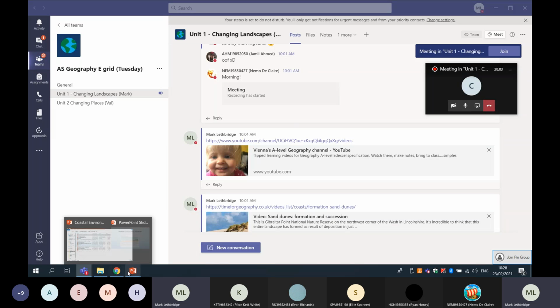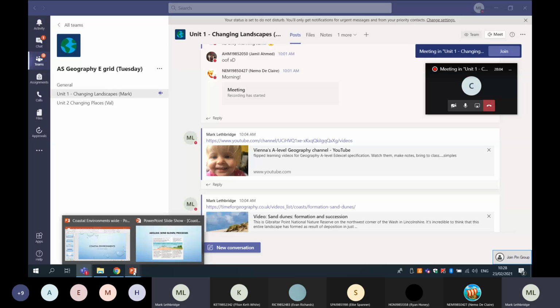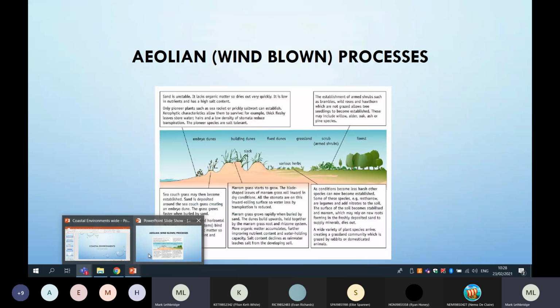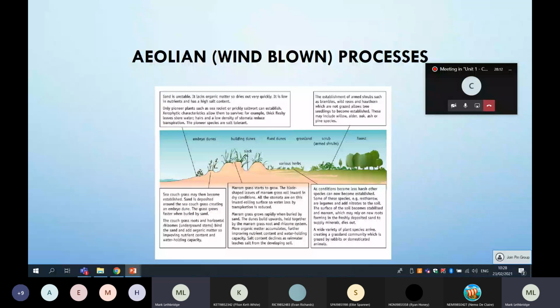If not, just on a bit of paper, I would like you to draw out a diagram similar to what you can see on the screen at the moment. With that, what I mean is the idea of small little what we call embryo dunes, building dunes, fixed dunes, and then back to grassland and forest.